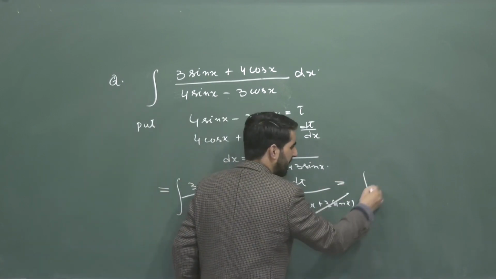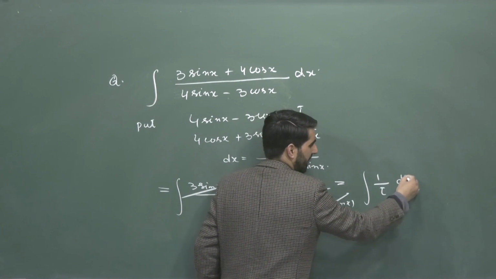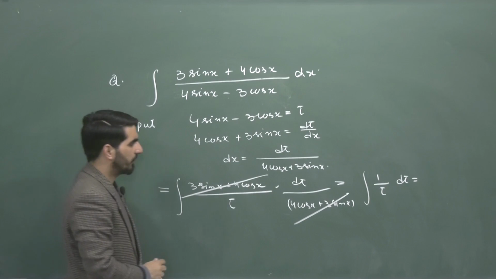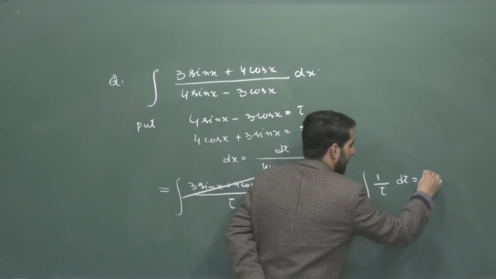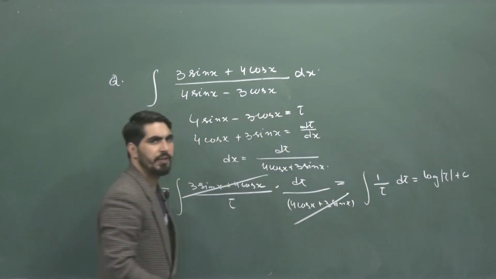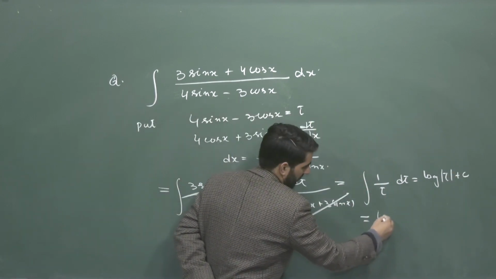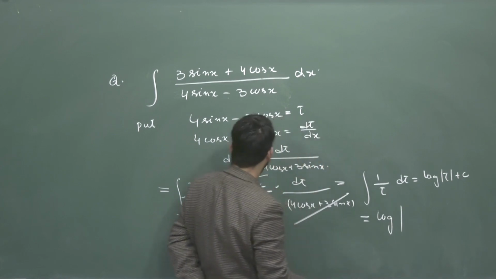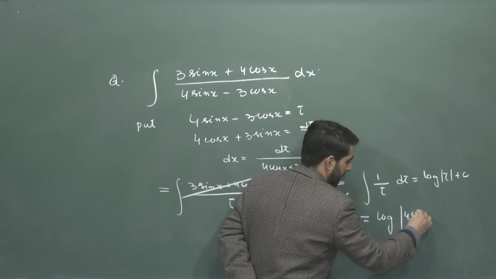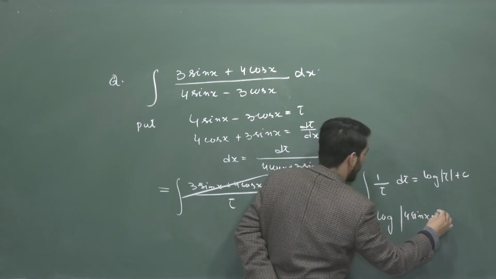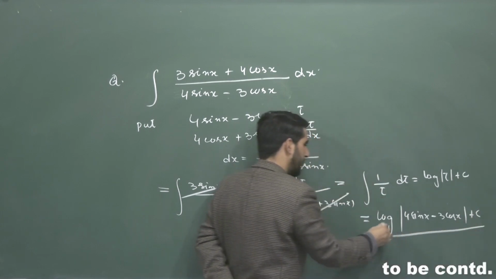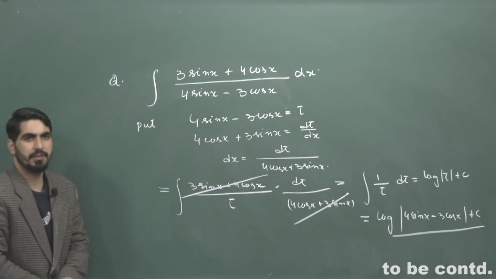We will get integration of 1 by t dt, and integration of 1 by t is again log of modulus of t. This is equal to log of modulus of t plus c, and replacing the value of t, that is log of modulus of (4 sin x − 3 cos x) plus c. So this will be the integral of this given question.